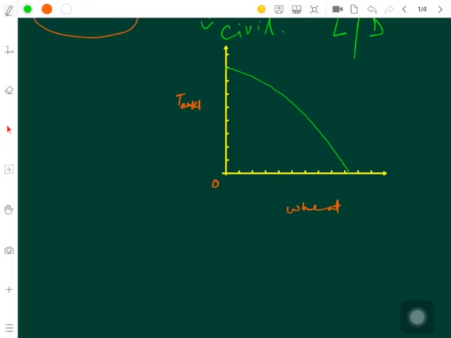Let us take two combinations on this production possibility curve. This and this makes one combination.